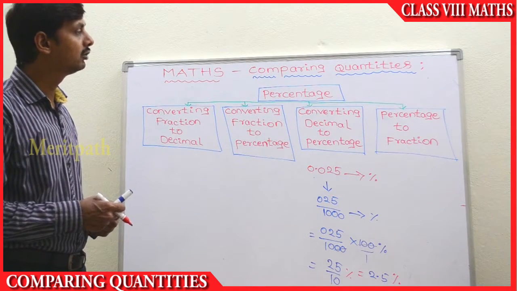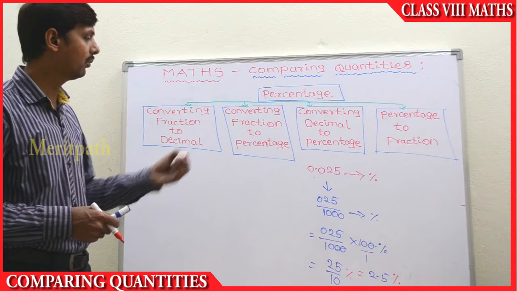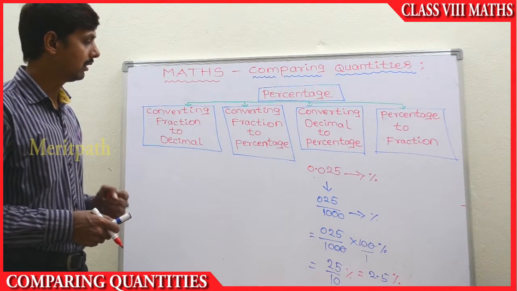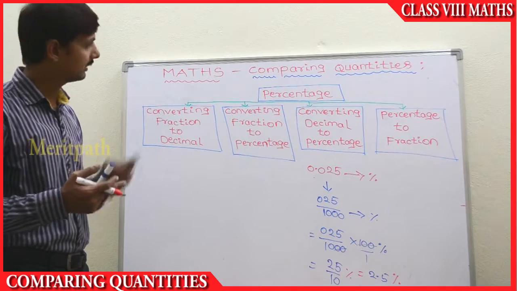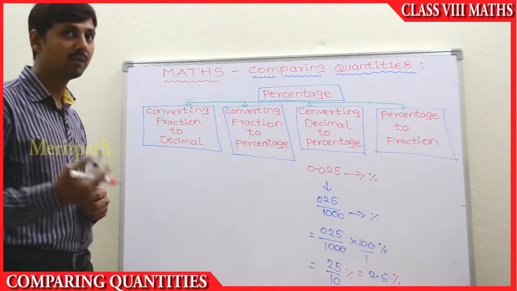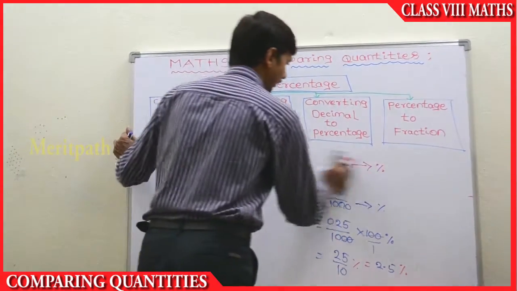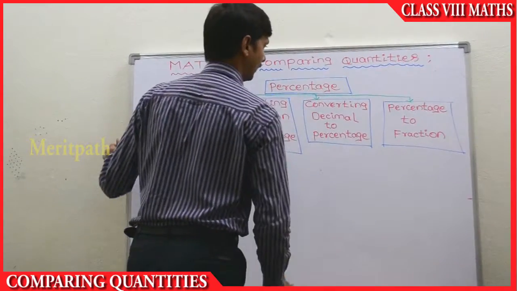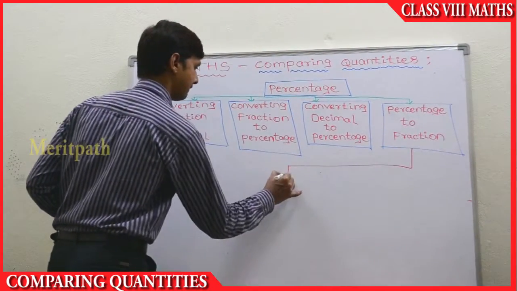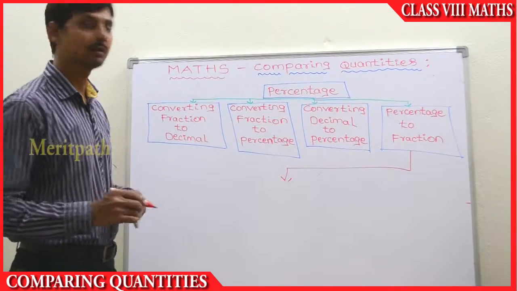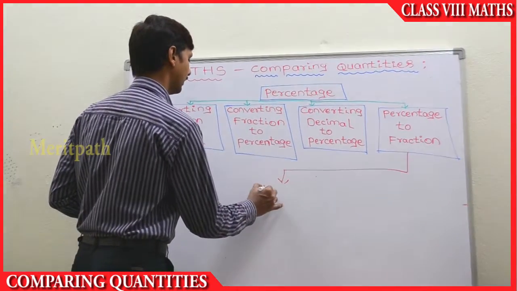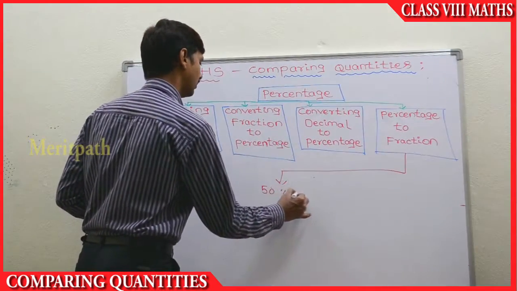Percentage, we need to change it to a fraction. As we have just learned about percentage, it is out of 100. So let's write percentage to fraction: 50% to a fraction.